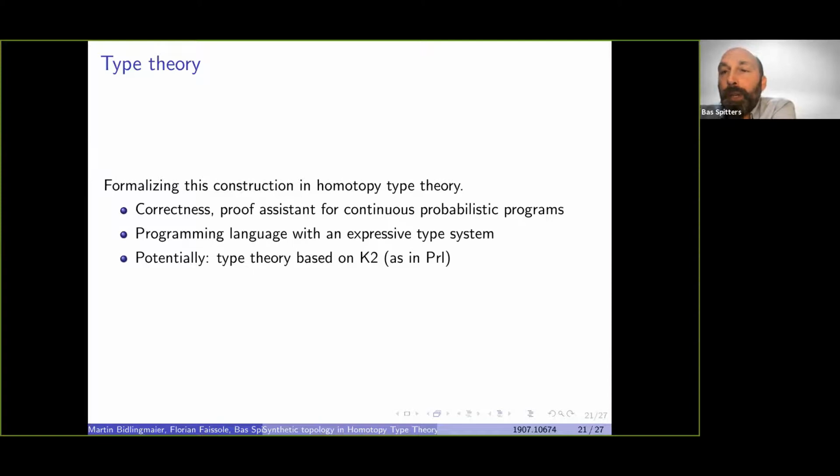We need to give a computational interpretation to that, but that's something that has been done before, and we can really see the contours of how to do this very nicely. There's some details to be filled in, but for example, for the fan functional, this has been studied quite well in synthetic topology and the computational interpretation of that.